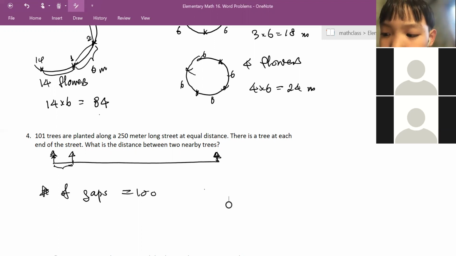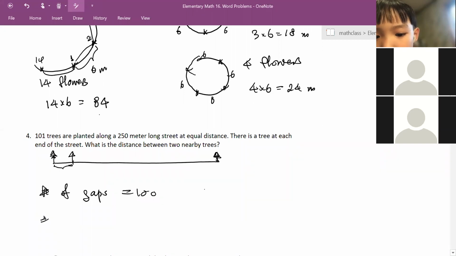So the distance between 2 nearby trees is going to be 250 divided by 100. So the total length is 250, and you have 100 sections here.